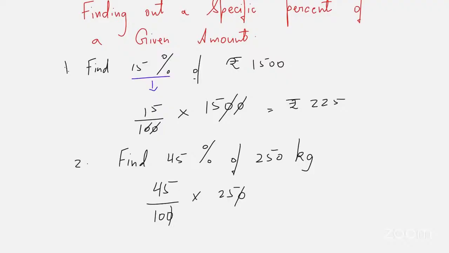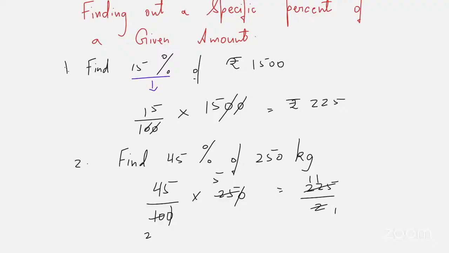Cancel with 2, 5. 5 2s are 10. 5 5s are 25. Now you can just multiply 45 with 5 and divide it by 2. 45 times 5 will give us 225. We'll divide it by 2.